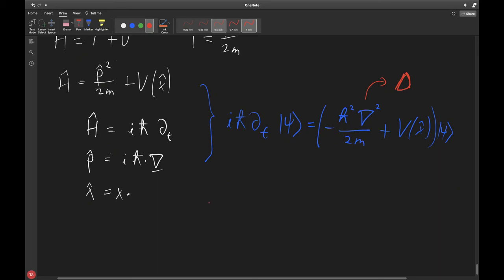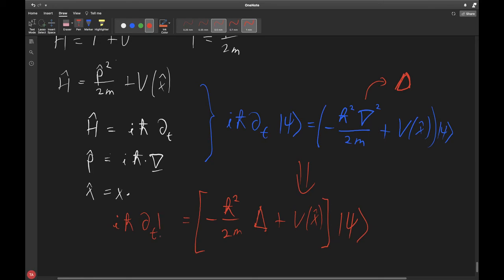So then that leads to saying that it's another form, same meaning: minus h bar squared over 2m, and then having the Laplacian operator plus the V potential with the x operator acting on the psi state is the same as the I h bar and then the time derivative of the psi.